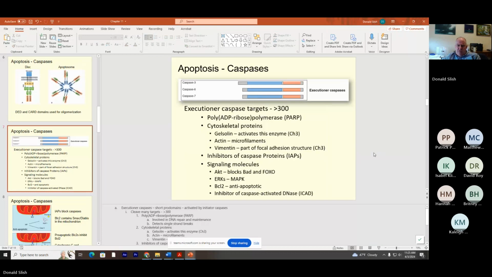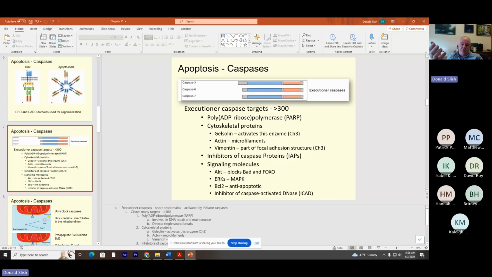IAPs. So anyway, these are proteins that we hadn't talked about previously, but these inhibit our caspases, both the executioner and the initiators. So again, with cells, it's always a balance between cell division and apoptosis. And you've got proteins out there associated with both processes.